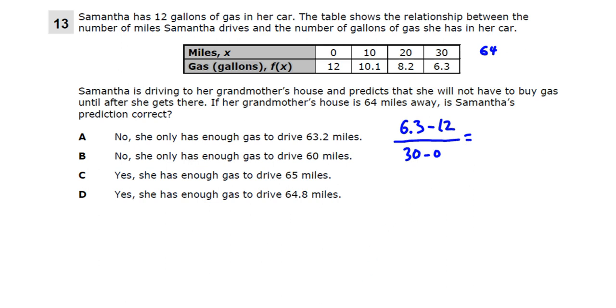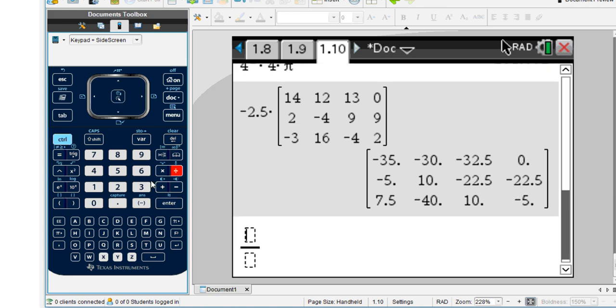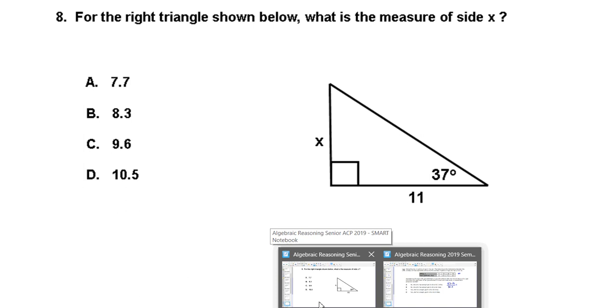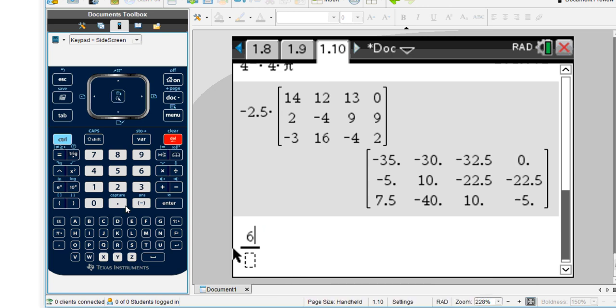So let's go to our calculator. 6.3 minus 12, and we're going that over 30 miles.